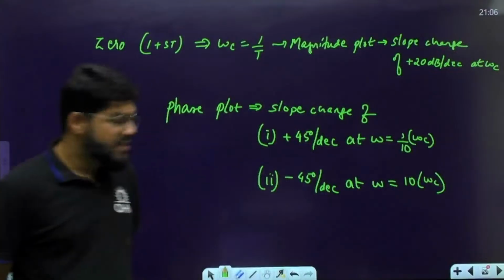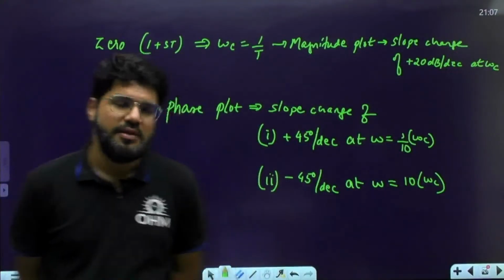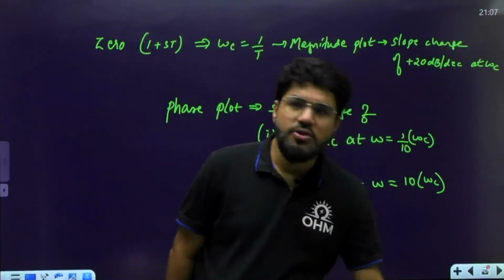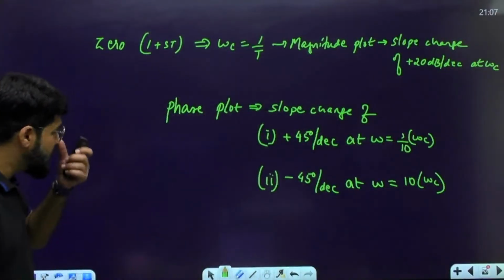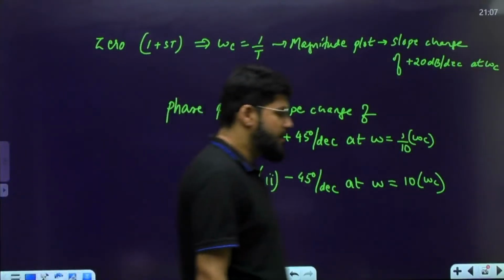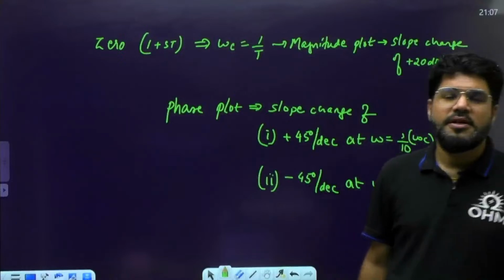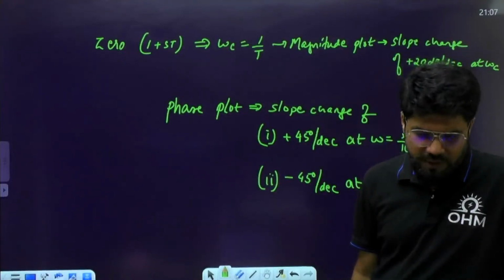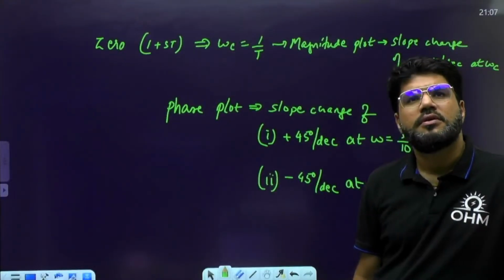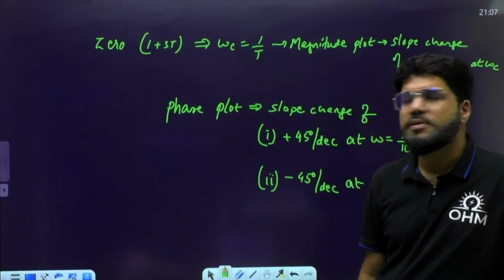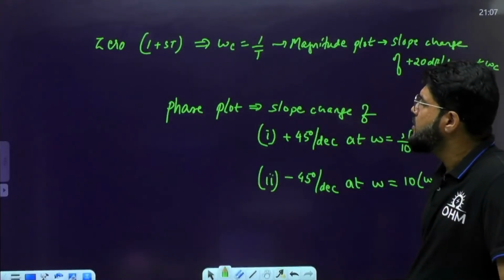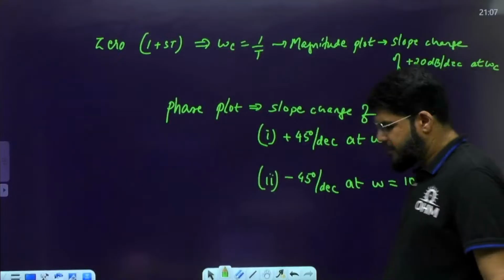So it is plus 45 or minus 45 degree per decade. Just a second. A simple zero makes it 90, from 1/10 to 10, 90.